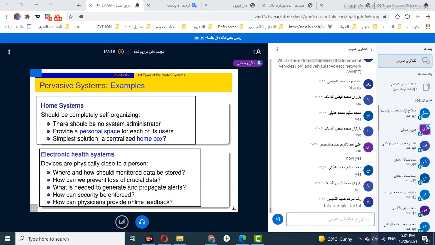And of course, the basic and primitive problems we had in VANETs are still there in the IOV, and they can be categorized as problems of Internet of Vehicles.